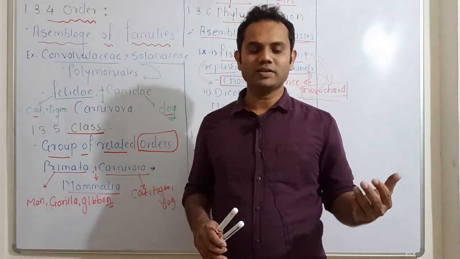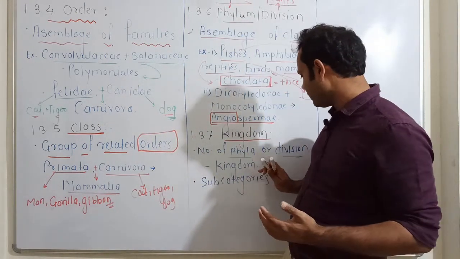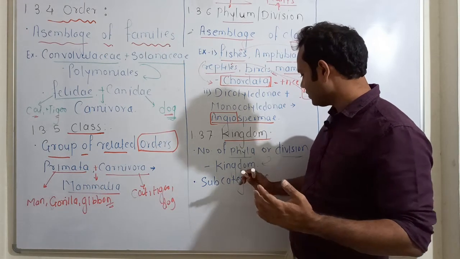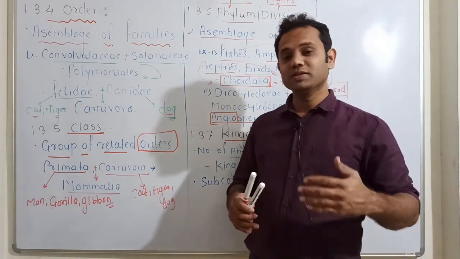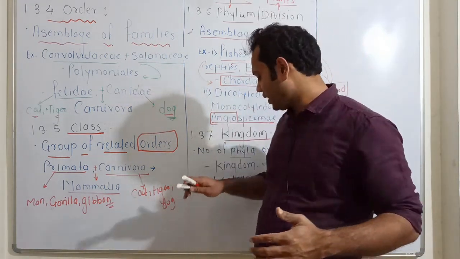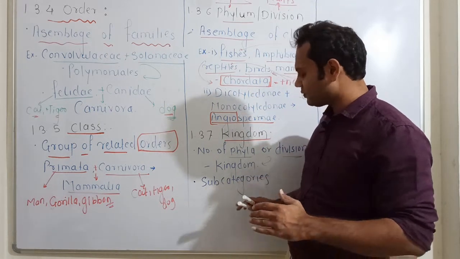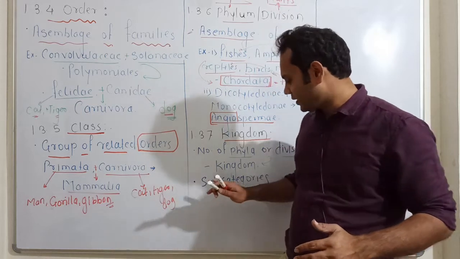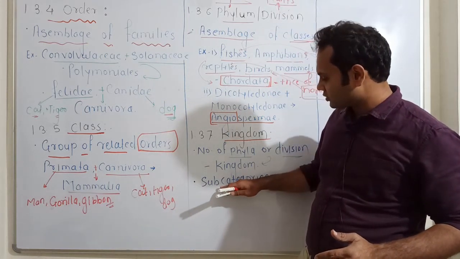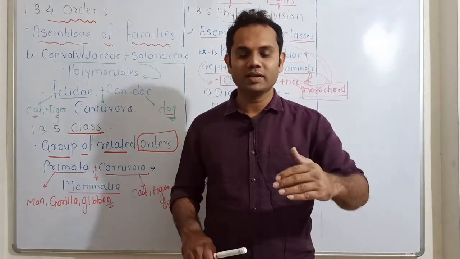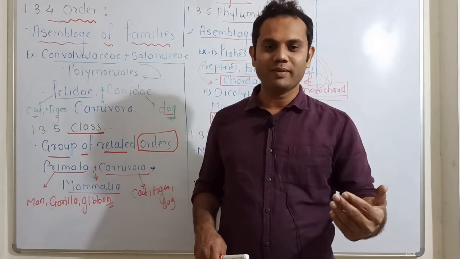Whereas in case of plants also, they are classified as different divisions like angiosperm, gymnosperm, and they are grouped in the kingdom Plantae.